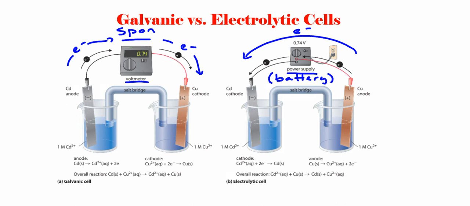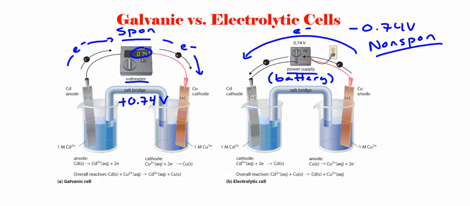If you would add this up, this side would be a positive 0.74 volts. On this side, going this direction, would be a negative 0.74 volts. So this is a non-spontaneous flow of electrons. This is an example of an electrolytic cell. We are forcing the electrons to go in the opposite direction. It's not naturally occurring.